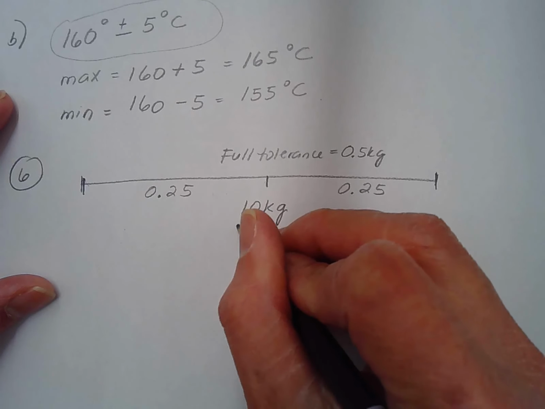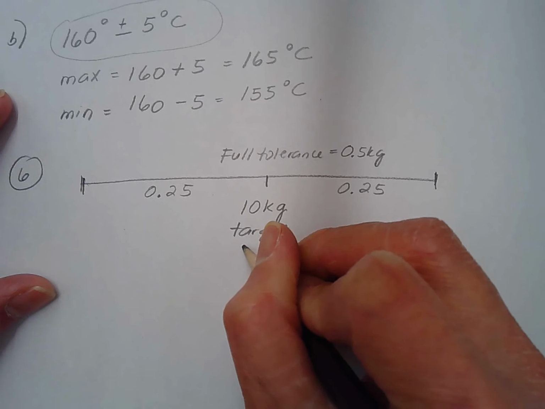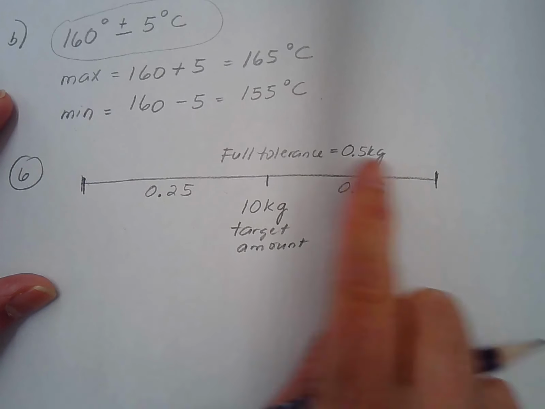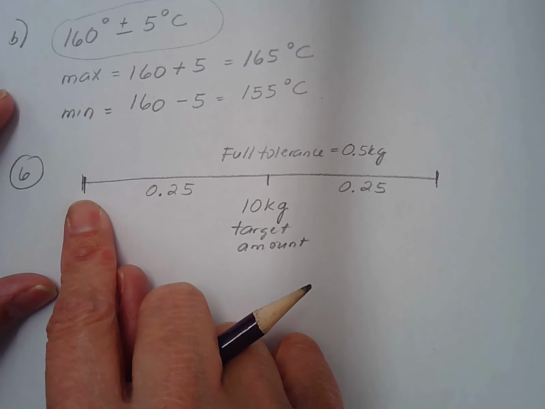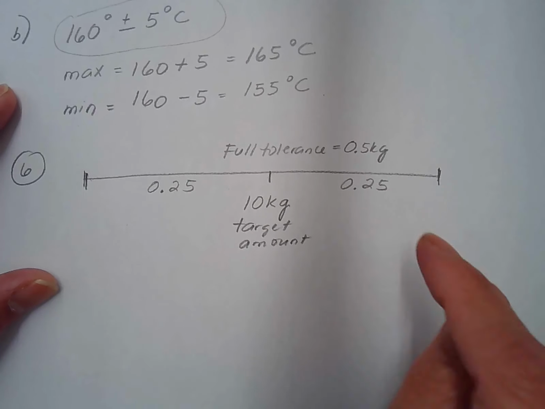So this is our target value, target amount, right? But the full tolerance is 0.5, so half of the tolerance would be 0.25, and then half there.